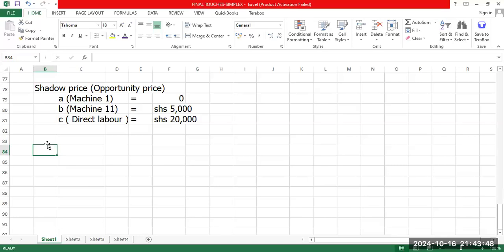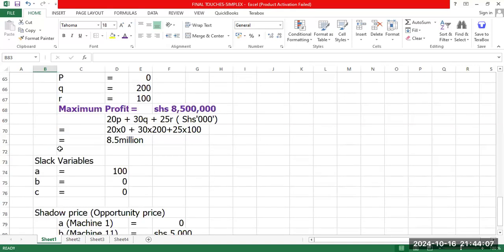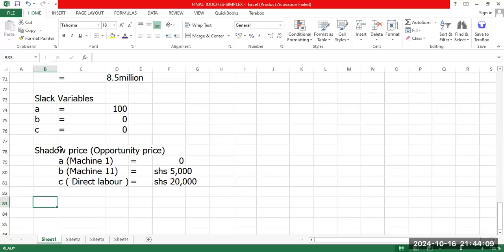You can just also write and say if product P is produced, then the company's profit will decrease by shillings 5,000. And you know the reason. Because as you try to produce this product P, you're going to incur costs. You need resources.